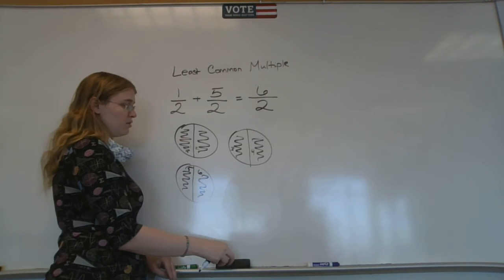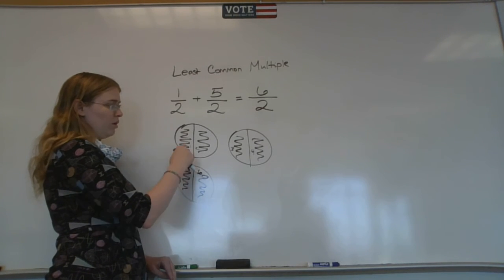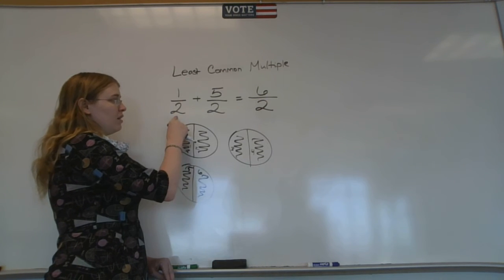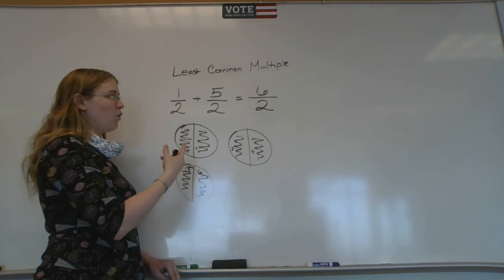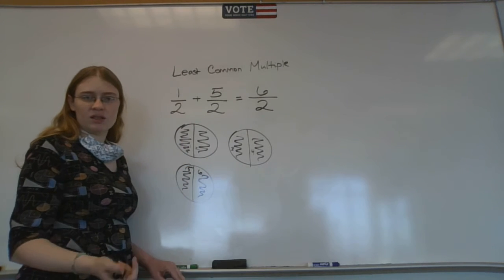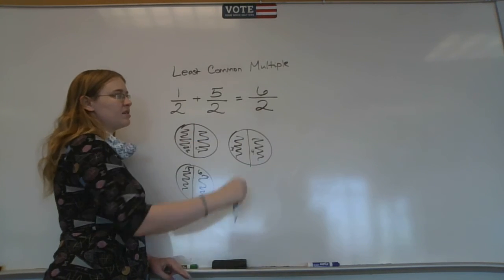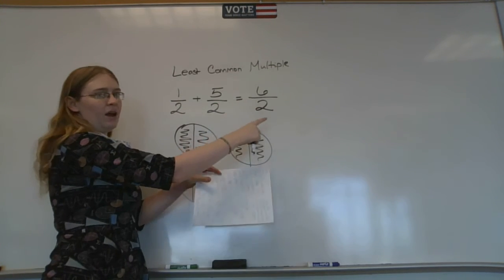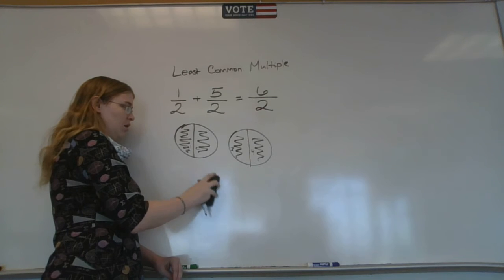Not 6/4. 6/4 would only be 1 1/2, 3/2, right? So the bottom number is like a thing. It's like 1 pencil plus 5 pencils equals 6 pencils. That's why this stays the same. 1/2 plus 5/2 is 6/2, okay?